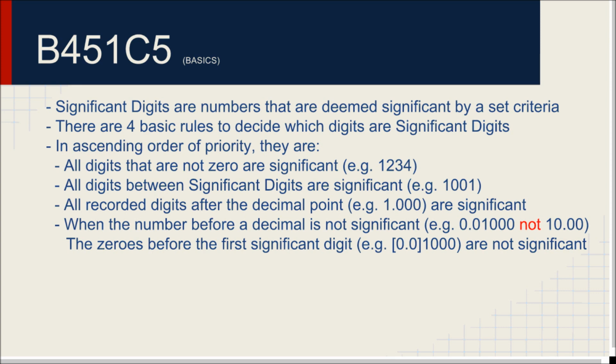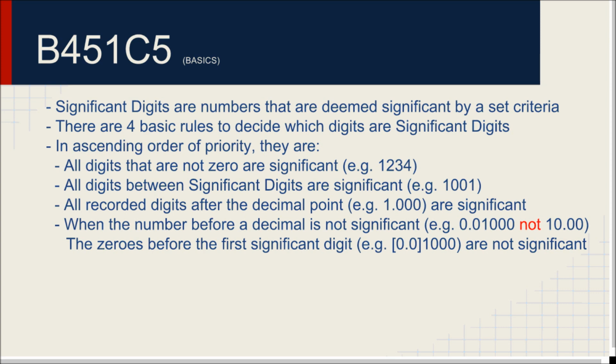So with this example, like 10.00 and 0.01000, for the first one, 10.00, there's 4, and for the second one, 0.01000, there are also 4 significant digits.